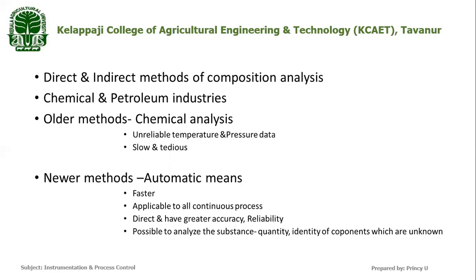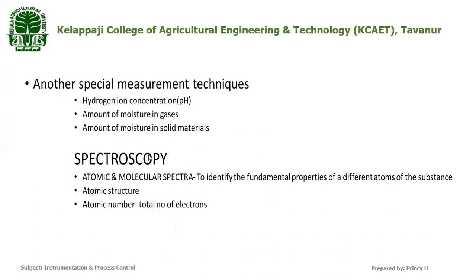This direct method has higher accuracy and reliability compared to the older methods, and it is possible to analyze substance quantity and also to identify the unknown components in the composition of a mixture. We can identify them by using this automatic means.